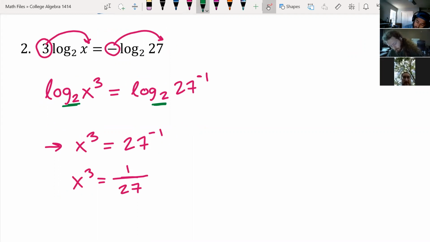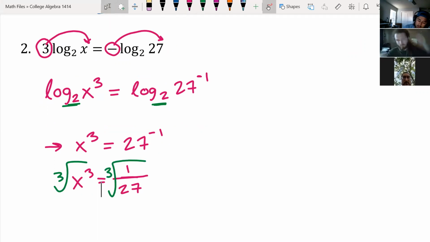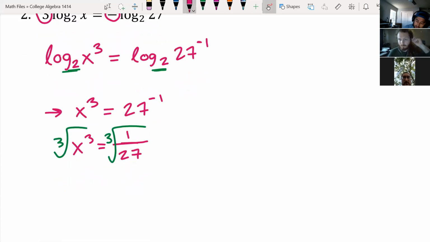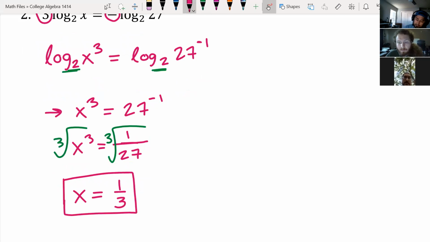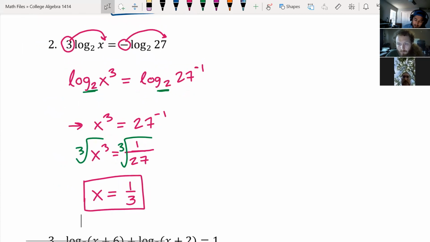And then we will cube root both sides. And we will end up with x equals 1/3. All right, perfect. And of course, 1/3 works because if you were to plug it into the log, it is a positive number.